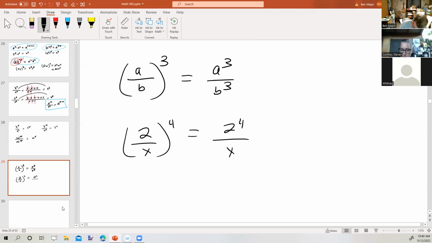This is 2 to the 4th power over x to the 4th power. This one I can go further because 2 to the 4th is 16. So I get 16 over x to the 4th power. So in general, we have a over b, to the n, equals a to the n over b to the n.